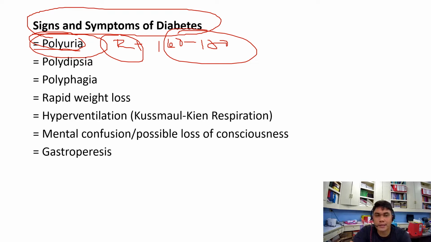Okay, next is polydipsia. So for polydipsia, you have increased sensation of thirst. So the person is frequently thirsty. Okay, the reason for this one is to compensate, to eliminate the effect of polyuria.